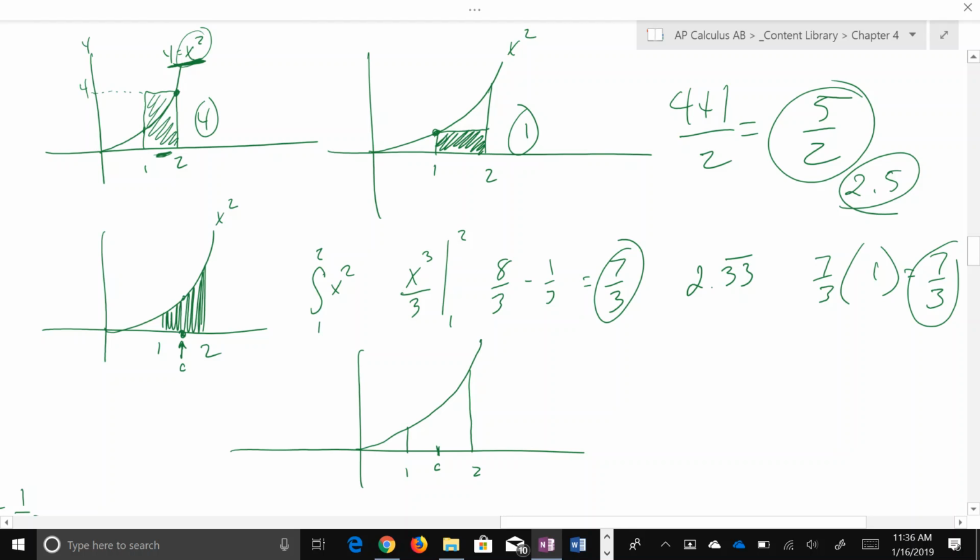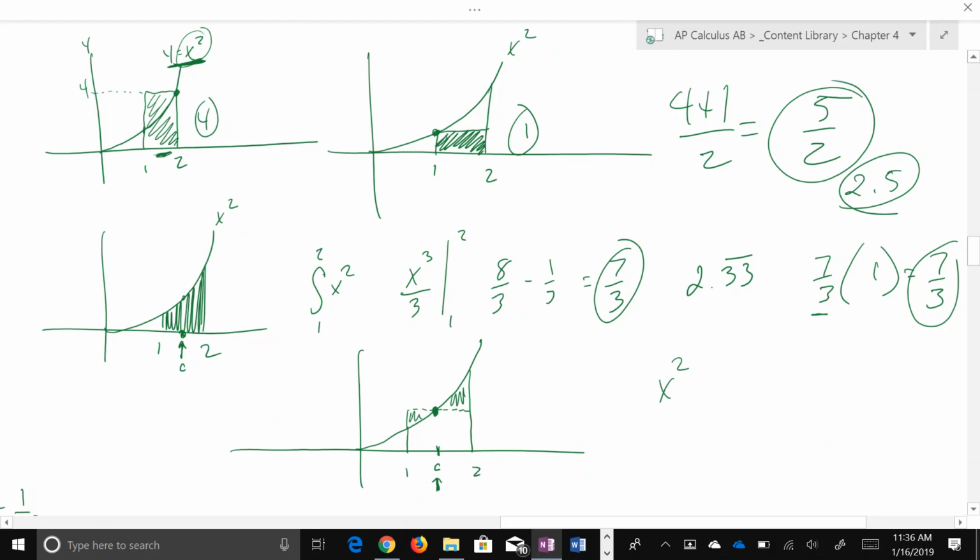Where does it occur? So here's what I'm looking for, this value. And if you look at it, I'm kind of looking at the area. Notice I've got a little too much and I'm missing some. So that's what's happening, is at that point, you've got an average value. And so that's what you're doing. You're taking your average value and setting it equal to your function.